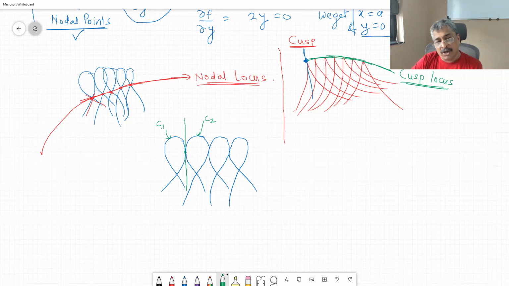I have drawn it like this, but you can imagine that for distinct values of c, everything is occupied, and therefore there will be vertical lines which are common between the two curves. This particular point is important, and it is called a tack point. They touch each other. And if you have a locus of these points, it is called the tack locus.